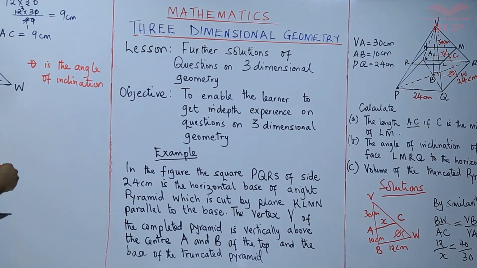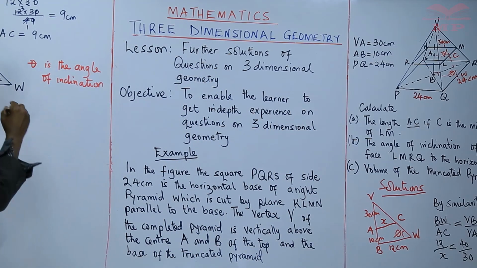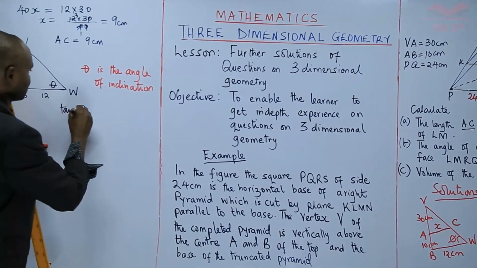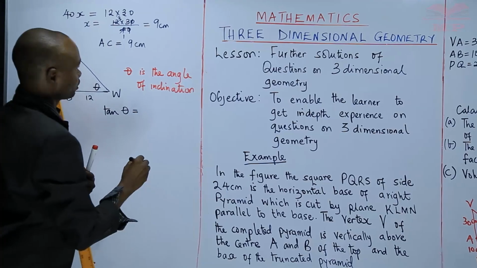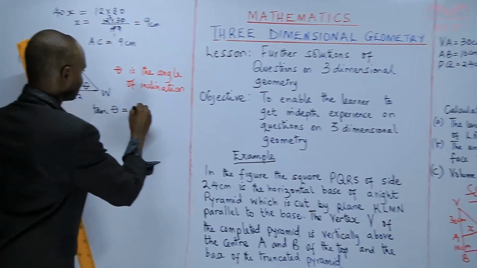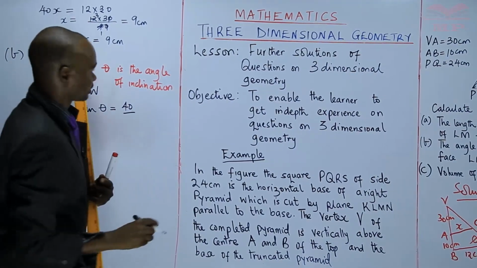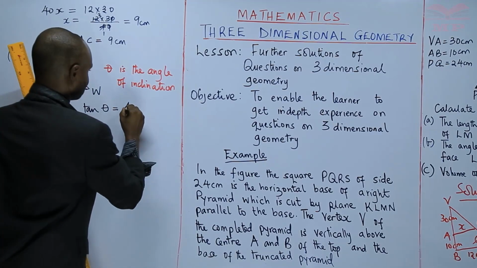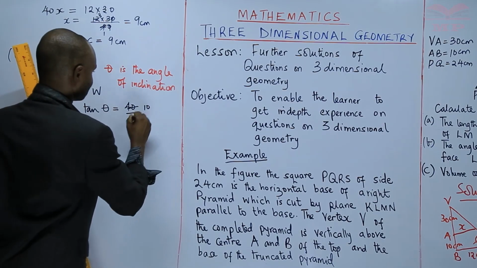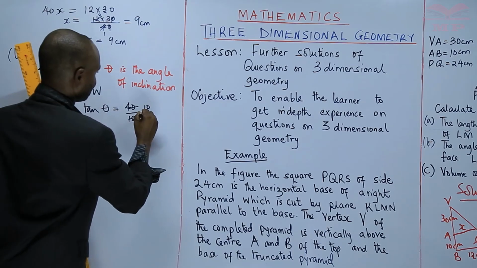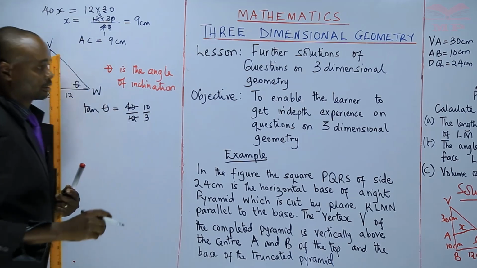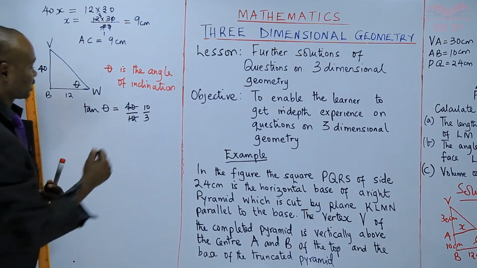So I'll have tan theta will be equal to 40 divided by 12. 4 goes there, 10. 4 goes there, 3.